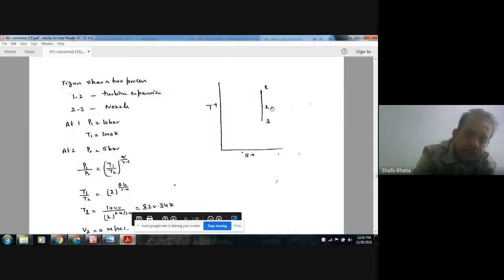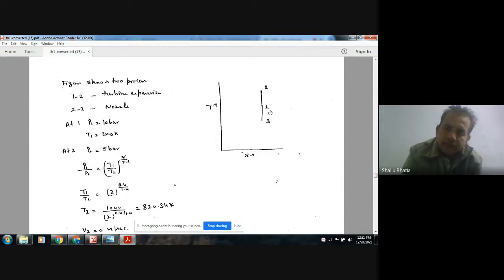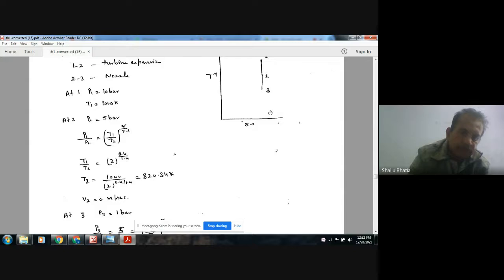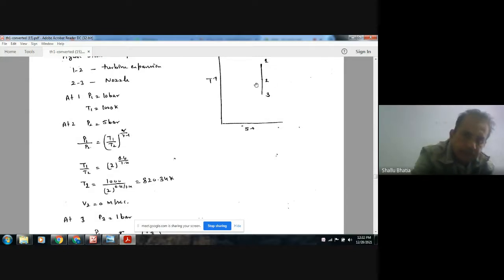Now velocity at 1 is 0, so velocity at 2 is also 0, because there is no increase in velocity in the turbine. The drop in pressure is used for producing some work. So velocity is 0 at point 2 also, and at point 3 the velocity is increased by dropping pressure.